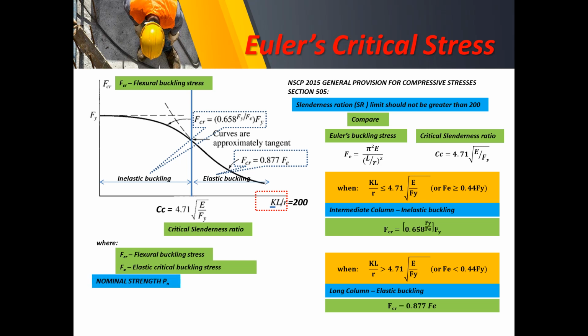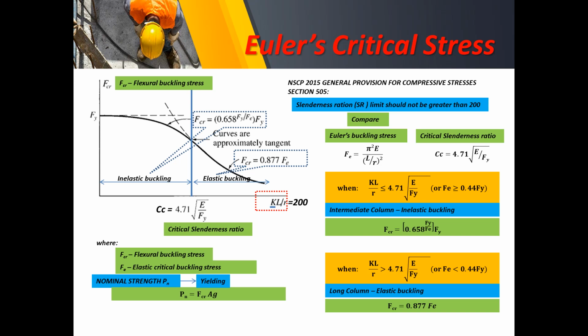Now, those will be integrated or included with the nominal strength Pn. Of course, we all know that nominal strength is just the product of the area and the yield strength. So, of course, we will be dealing with the yielding, since in here we do not have any fracture assumptions on the members. So basically, the nominal strength Pn is equal to Fcr times Ag.